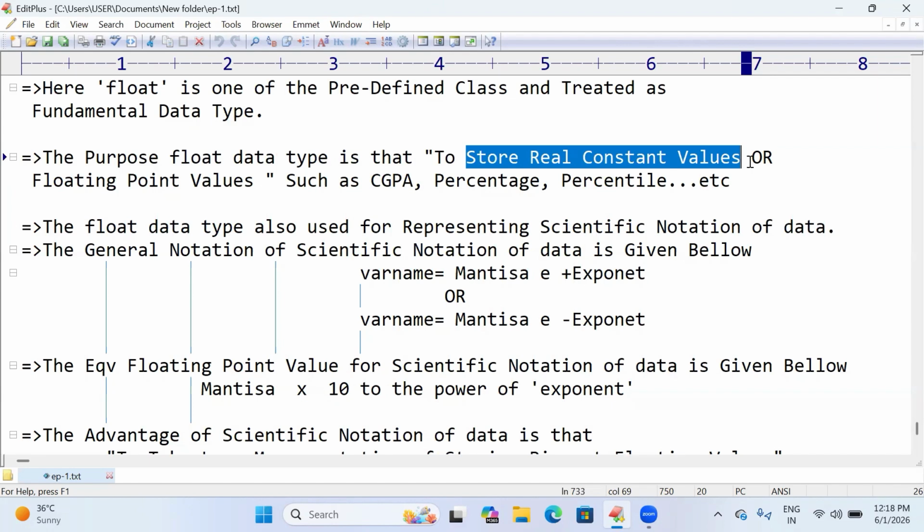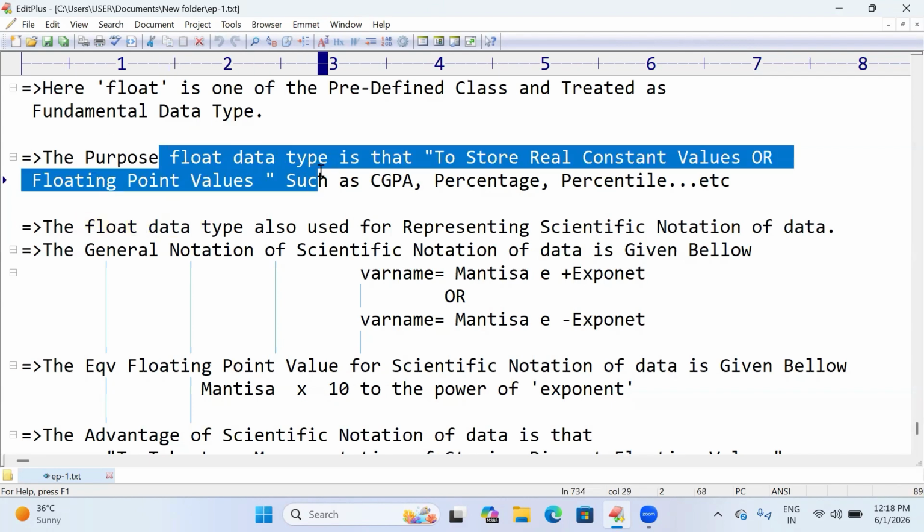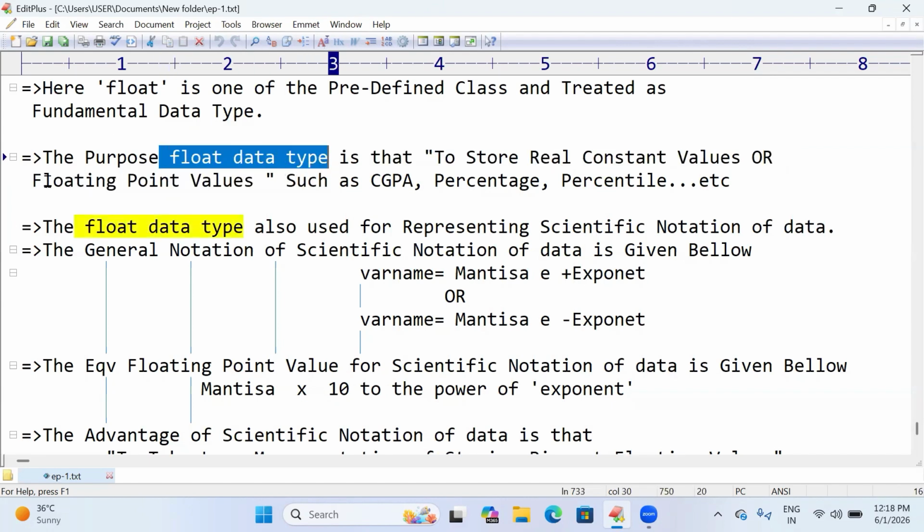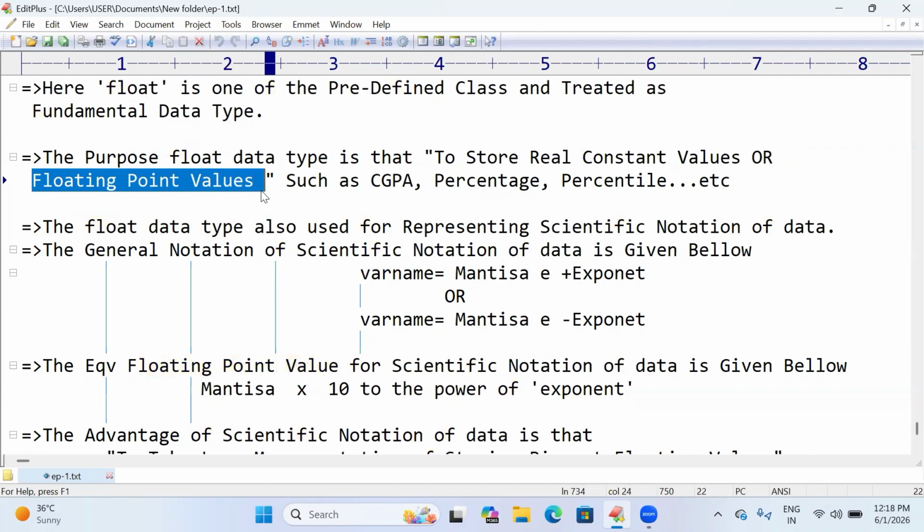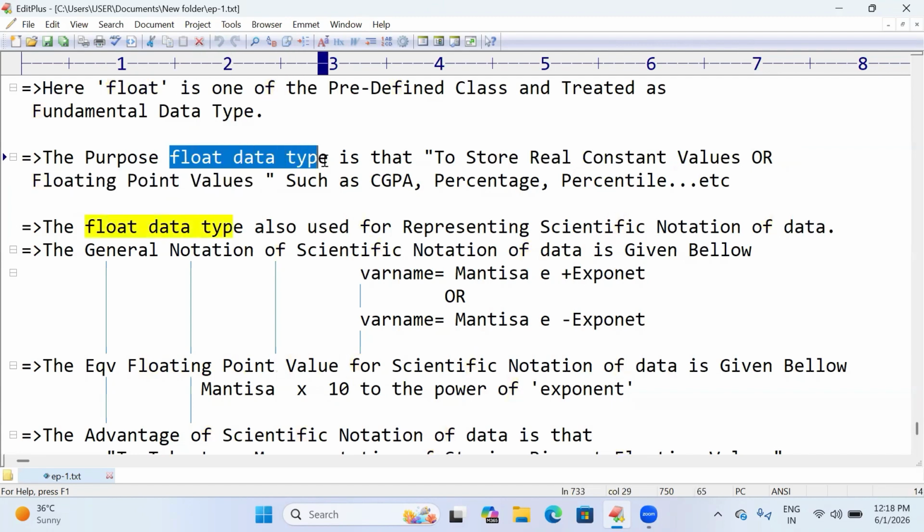In order to store the pi value or the e value, we use the float data type. We can also store floating point values like 9.30 and 8.20 using the float data type.